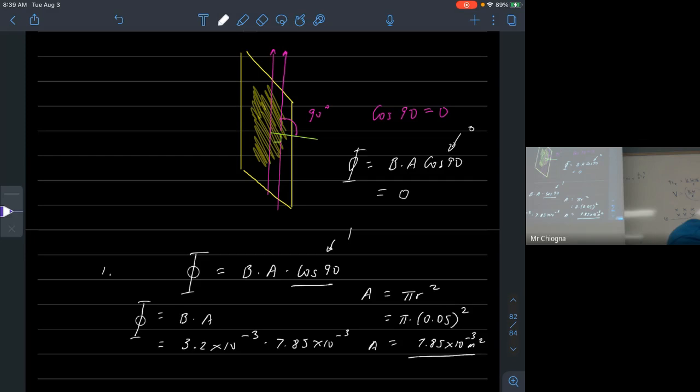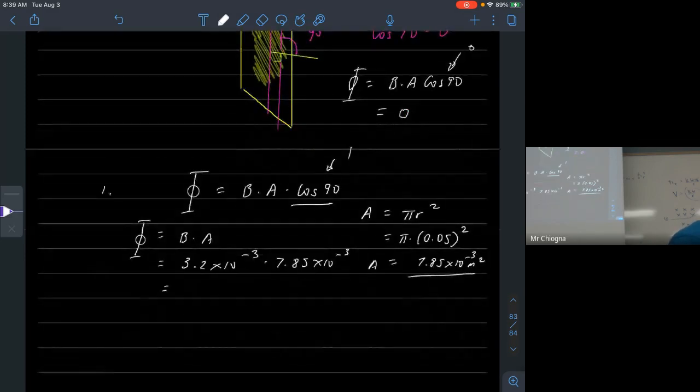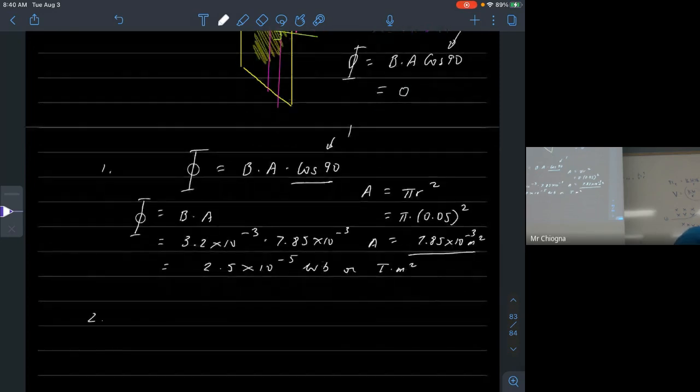I got 2.5 times 10 to the negative 5. Yeah, okay, that is right. That makes sense. 2.5 times 10 to the negative 5, and it's Webers or Tesla meters squared. Two. Read that to yourself.